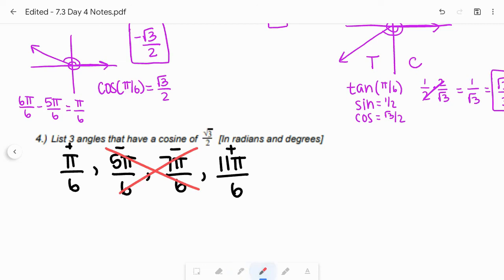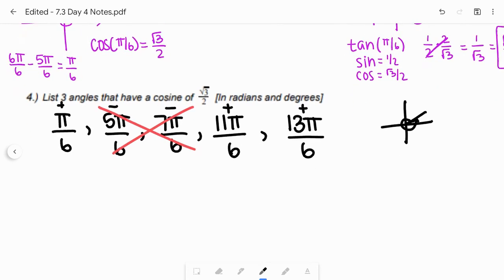So if I keep going, and if I just add a full rotation onto that first radian of pi over 6, I would be at 13 pi over 6, and I know it's going to be positive again since I'm back in the first quadrant. So that just means I'm right here, but I went around 1 full time to reach back there.